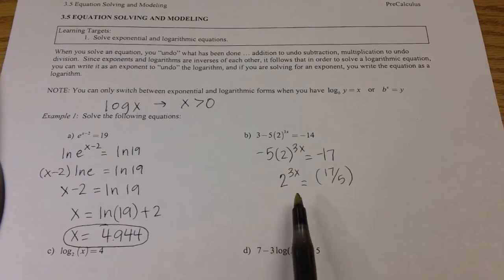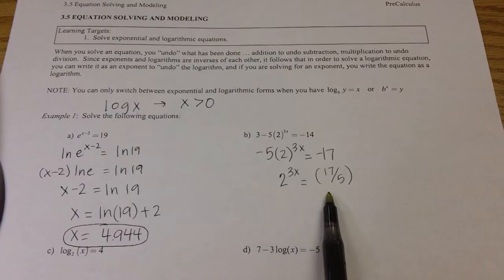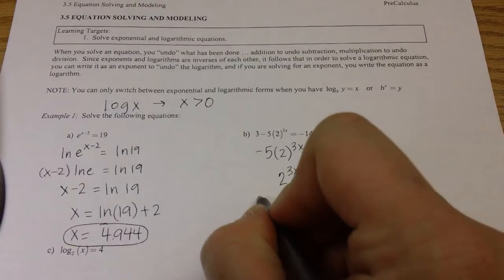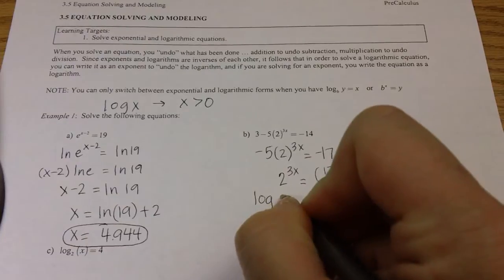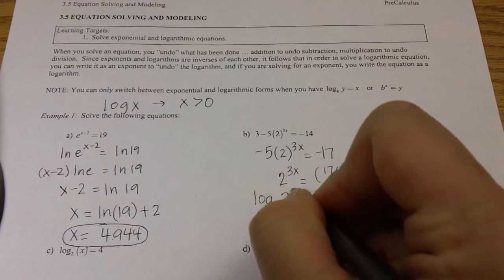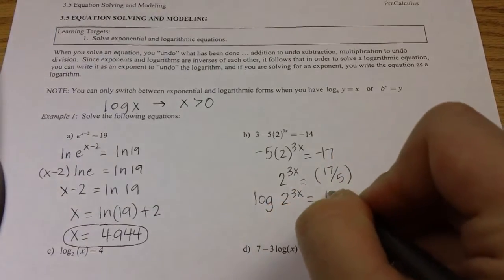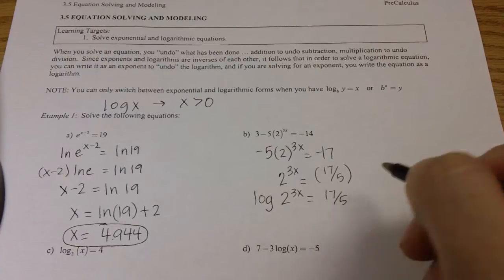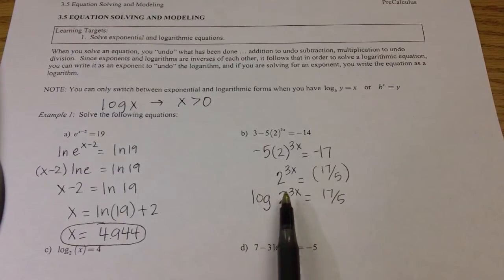Once we're at this point, we have 2 to the 3x equals 17 over 5, and we're going to take the log of both sides. Then again we're going to use our power property that we learned in the last video.